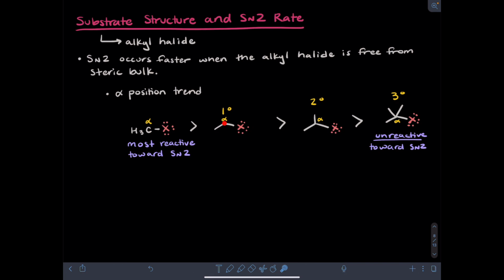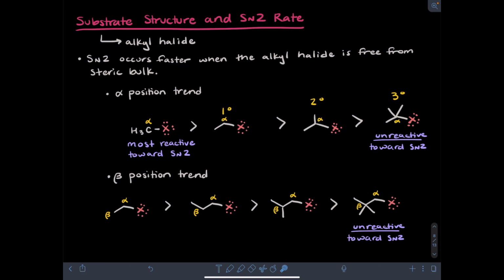As you add 1 carbon group to the alpha position, making it a primary alkyl halide, then going to 2 carbon groups attached for a secondary alkyl halide, and then going to 3 carbon groups attached for a tertiary alkyl halide, you're becoming less and less likely to undergo this SN2 reaction, and the reaction becomes slower. In fact, by the time you get to the point where you have 3 carbons on your alpha position, the molecule is completely unreactive toward SN2 reactions.